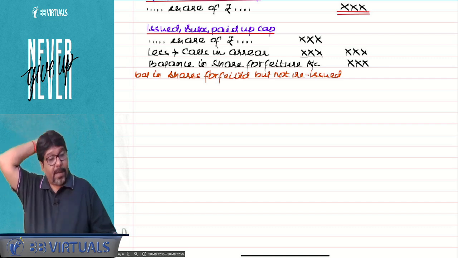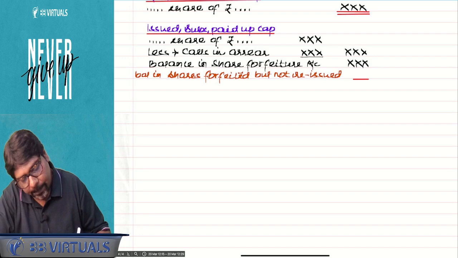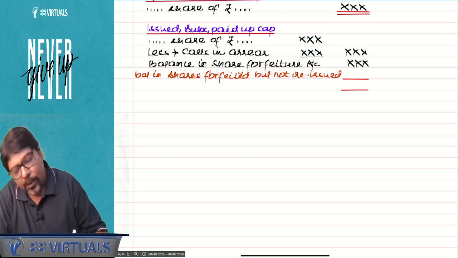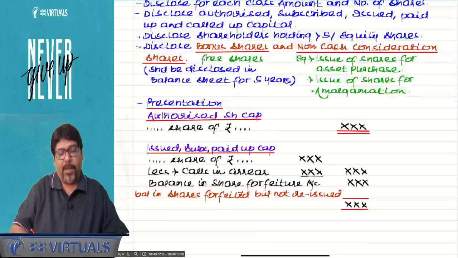Balance in shares forfeited but not reissued. This will give you the share capital balance. This share capital will come over here.